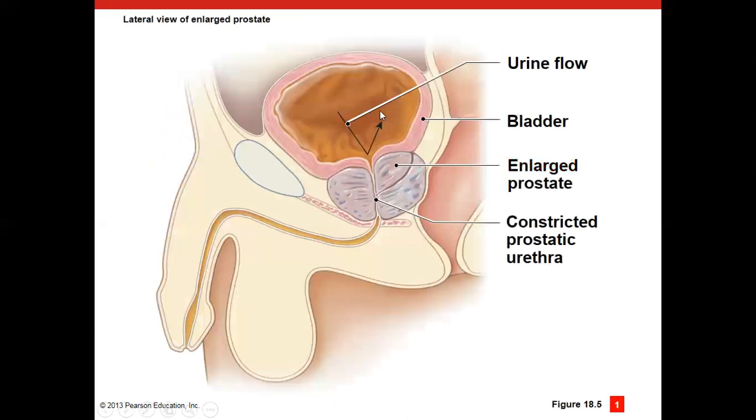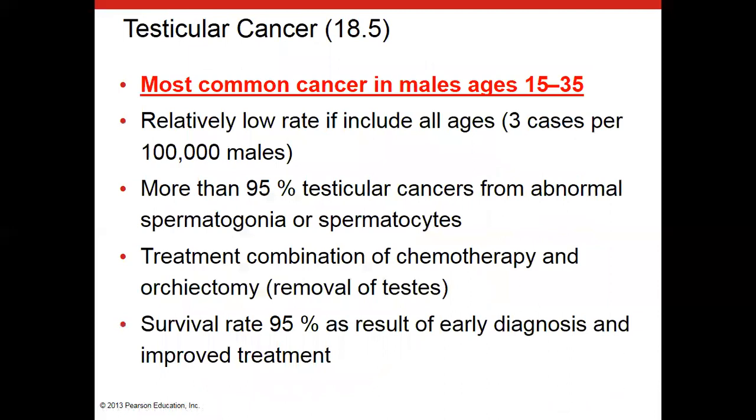Here's the bladder, so urine's supposed to flow through there and it ends up getting backed up. So basically the prostatic urethra gets constricted and it makes it difficult to urinate in males. One of the first signs or symptoms is difficulty urinating. If you have that problem, or if you know somebody that does, send them to the doctor right away. Again, annual or typical screenings can really help prevent that.